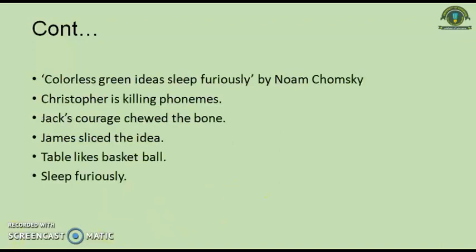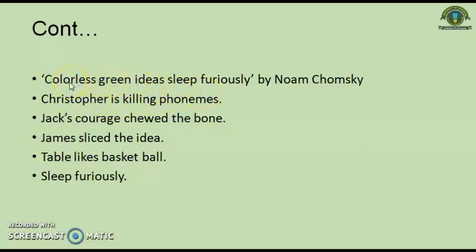Another example of an anomalous expression is "colorless green ideas sleep furiously." Noam Chomsky has given this example. Here he used colorless, which means without color, and in the meanwhile he says green.